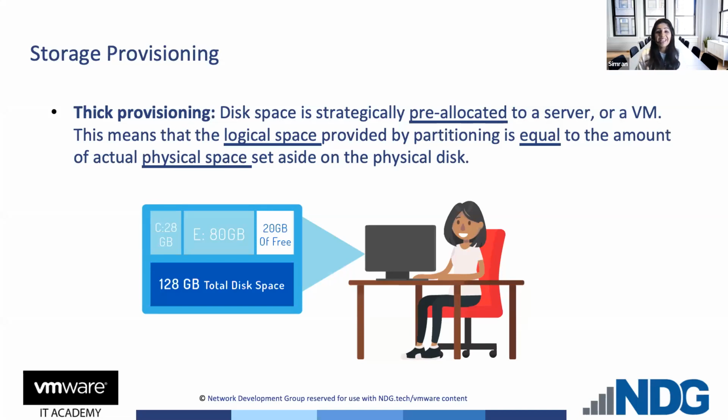And once you've allocated that space, no other virtual machine or server could then access that particular storage. So how much space you allocate is how much space will be occupied in that disk, right? Even if the server is not utilizing all that space, because you've allocated it, it's now dedicated to that particular server.